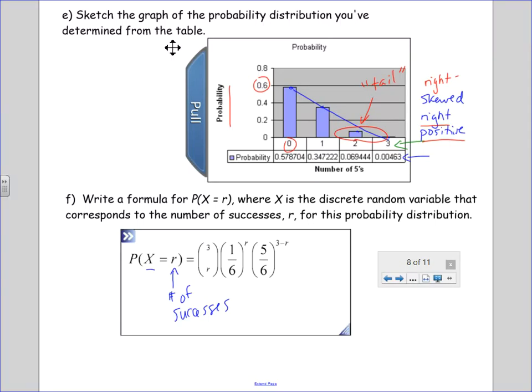And as you move your way through, 1 on 6 was the probability of success, 5 on 6 was the probability of failure. And of course R again is the number of successes.